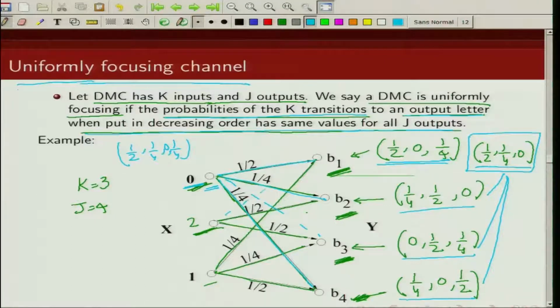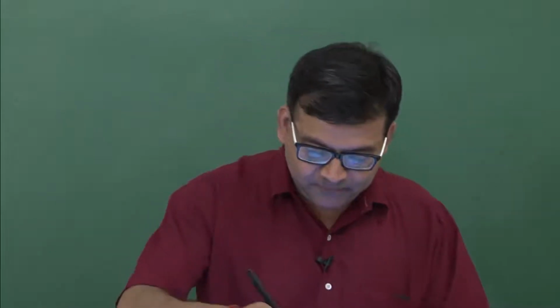For the last, they are 0, 0, half, and 0. Clearly, if I arrange these probabilities in descending order, they are not the same. So this is an example of a uniformly focusing channel, but it is not a uniformly dispersive channel. I hope the difference between a uniformly focusing channel and a uniformly dispersive channel is clear.